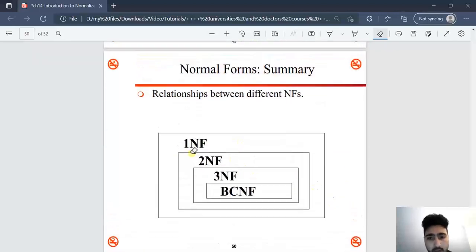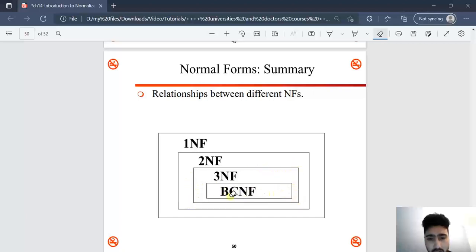As a summary, if you think about each rule as a box, we see that inside 1NF we have 2NF, inside 2NF we have 3NF, and inside 3NF we have BCNF.